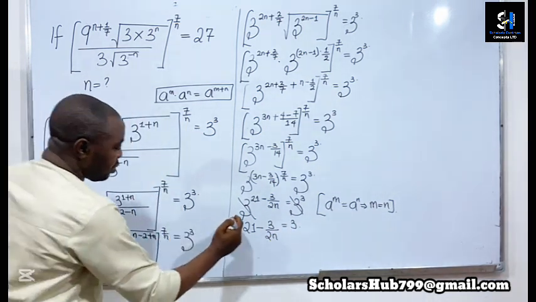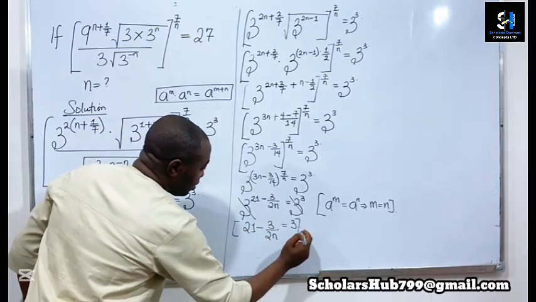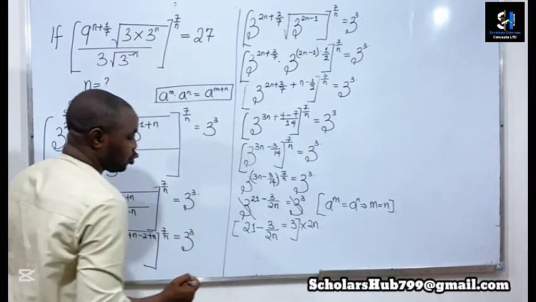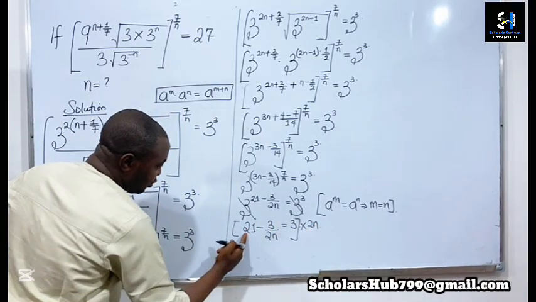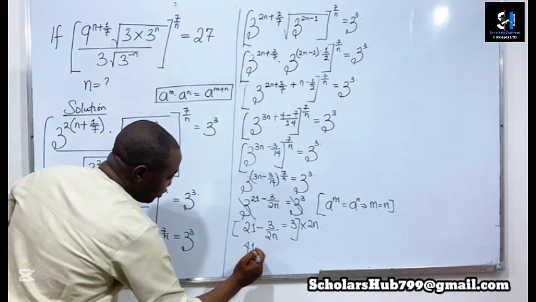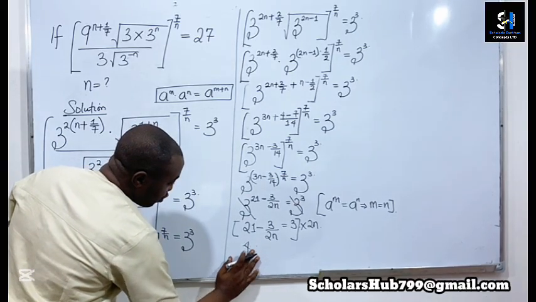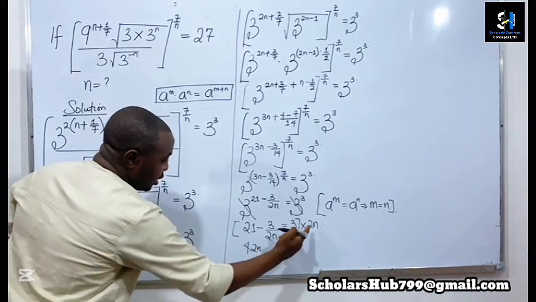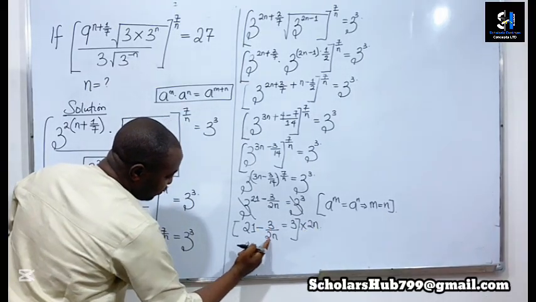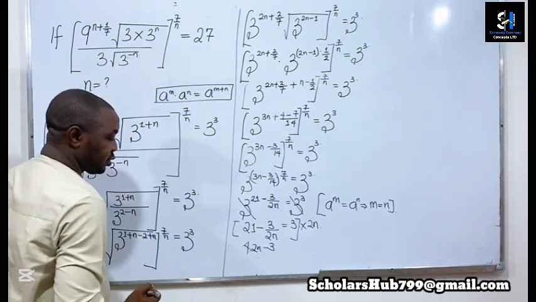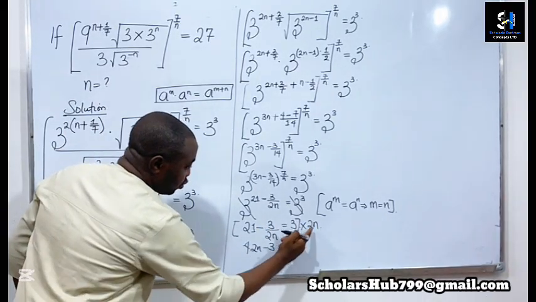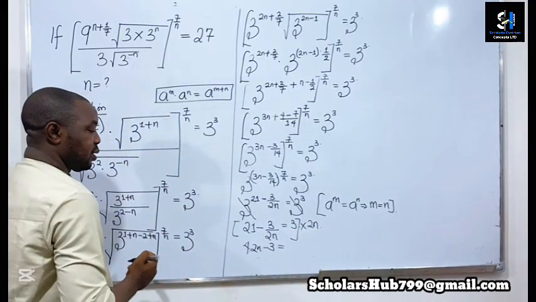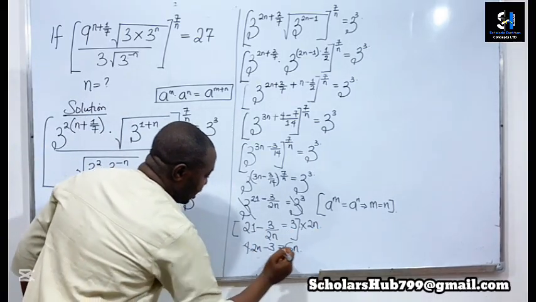So now let's multiply both sides by 2n. So 2n times 21, that will be 42n. Then 2n multiplied by minus 3 over 2n is minus 3, equals 2n times 3, that will be 6n.